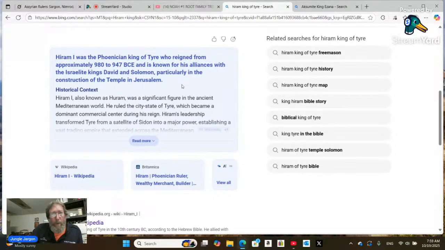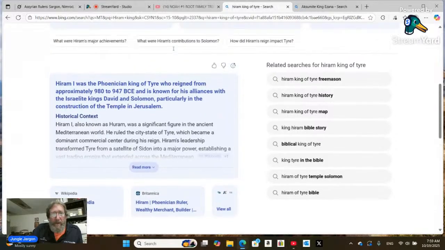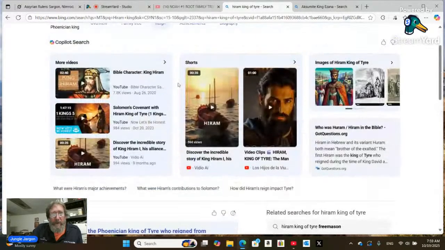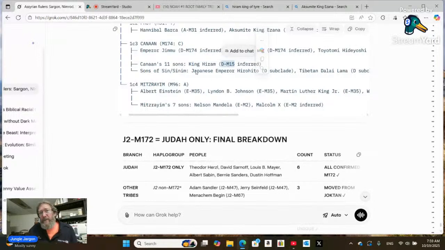So he was a Canaanite. I don't know if it's inferred or if they got direct DNA evidence. It's inferred. Somehow, for some reason, they think it's DM15, which is a Canaanite. He's a Canaanite.